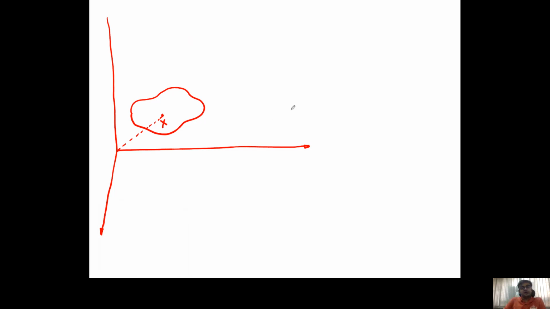Now under the action of some external force or external displacement, this body undergoes displacement and deformation. This is a deformable body, so it will undergo displacement as well as deformation. And then what will it look like? Let us say this is my deformed shape, right? Now there is this point capital X. Now that point in the deformed body is small x. Okay. So what was capital X previously has become small x.